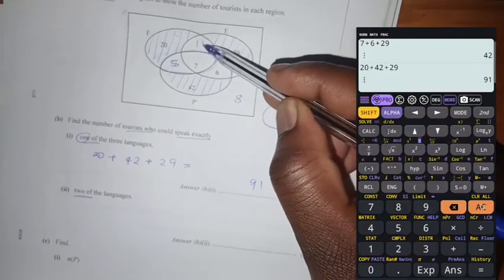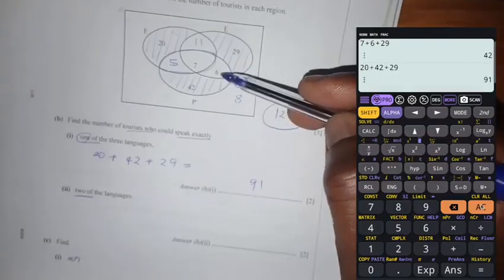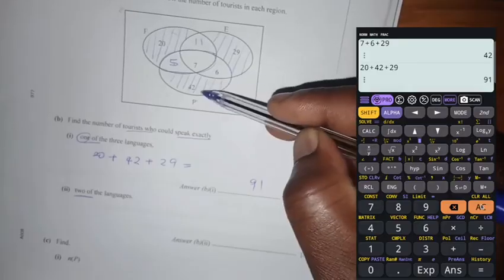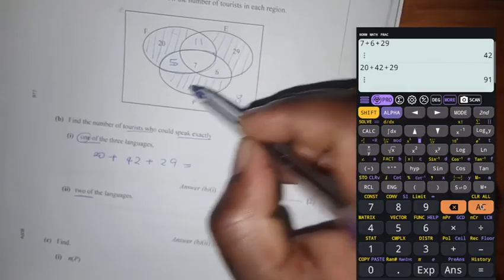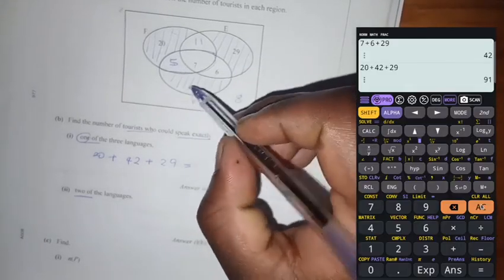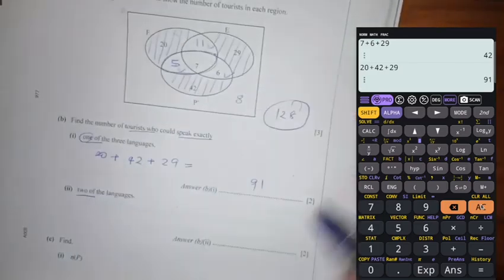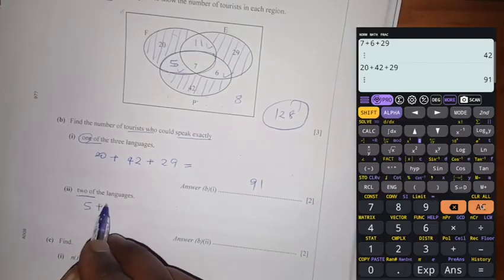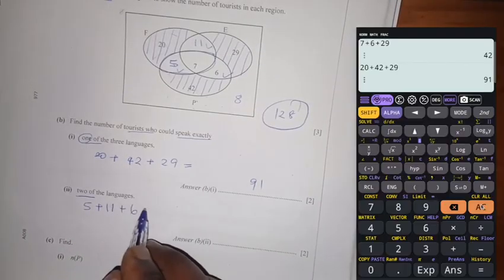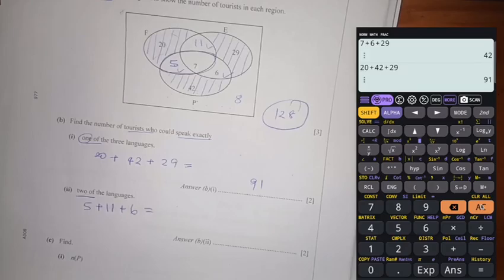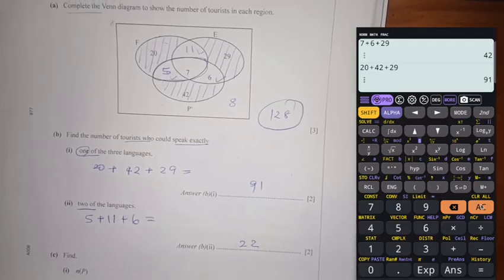This part with 11, it's F and E. Now this part here with 6, it's P and E. So the total that can speak 2 languages, it's this plus this plus this. So it's 5 plus 11 plus 6. So 5 plus 11, it's 16, plus 6, that's 22. So this is a total of 22.